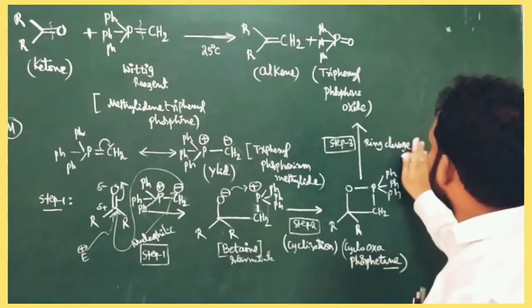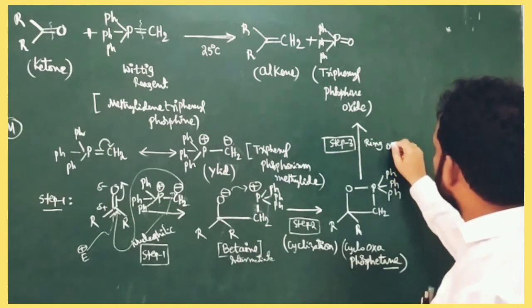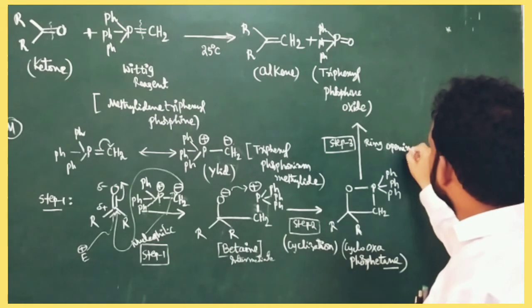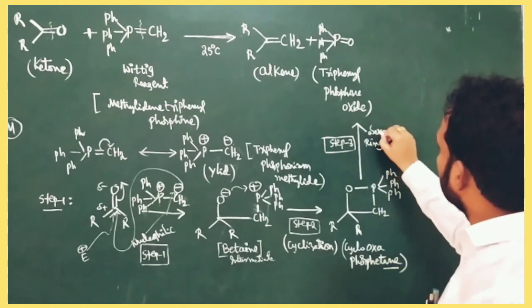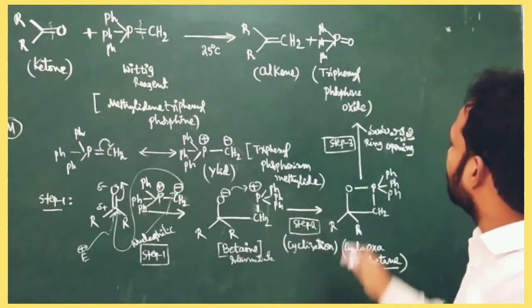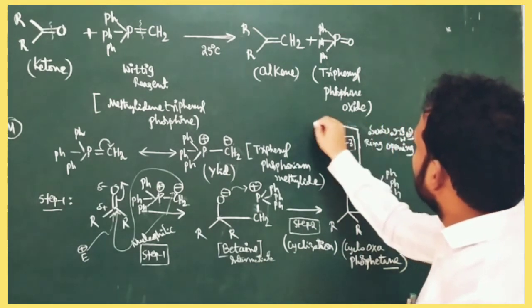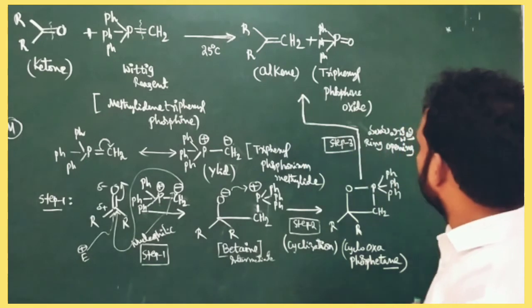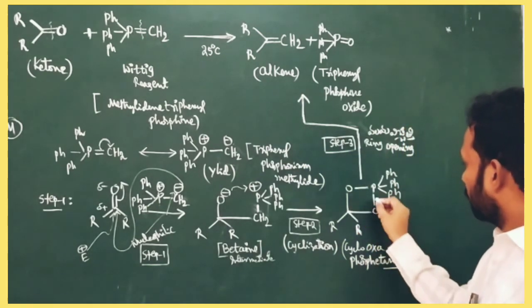Why is this ring involved in this? This oxaphosphetane ring is a strained ring due to its small size. So this ring easily undergoes a ring opening reaction, that means a reverse 2+2 cycloaddition.